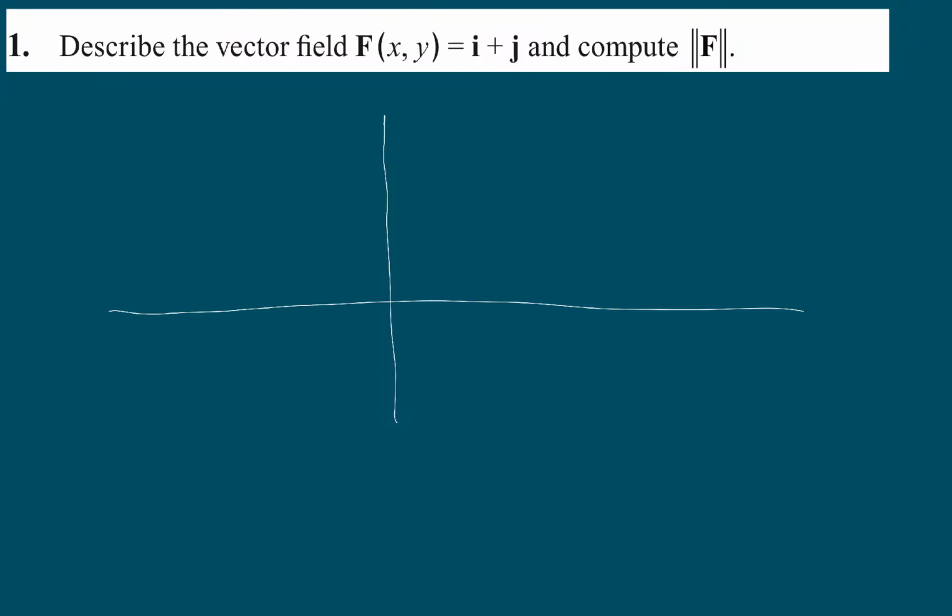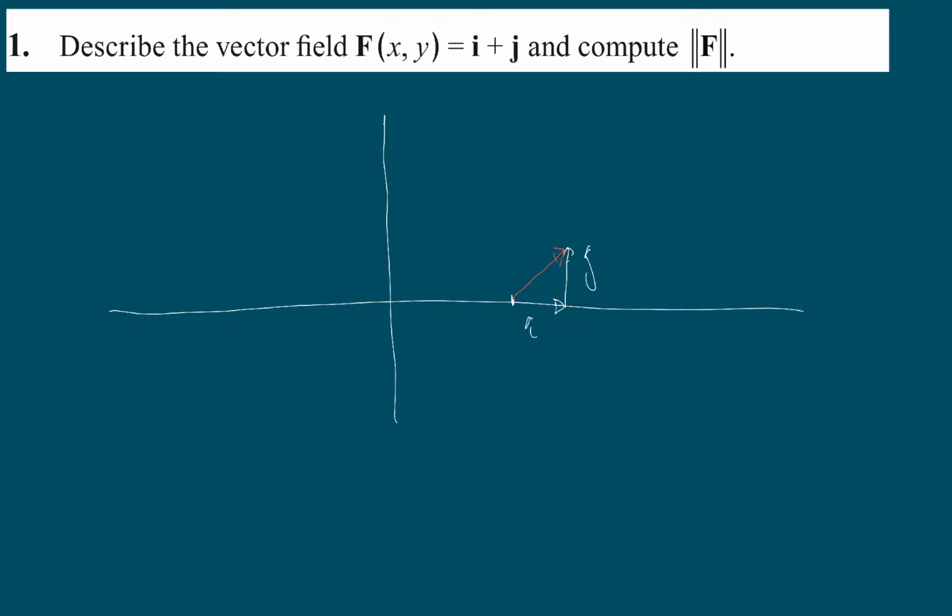What is the vector field that exists at the position (1, 0)? It is i plus j. And what is i plus j? One meter to the right, let's say, and one meter up will configure a vector that is the vector 1i plus 1j.